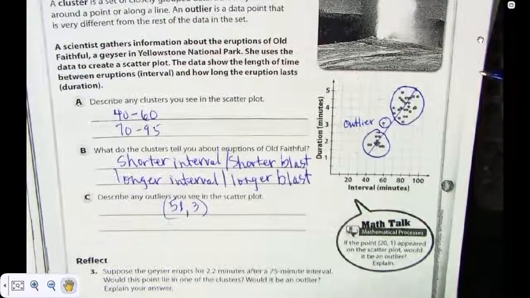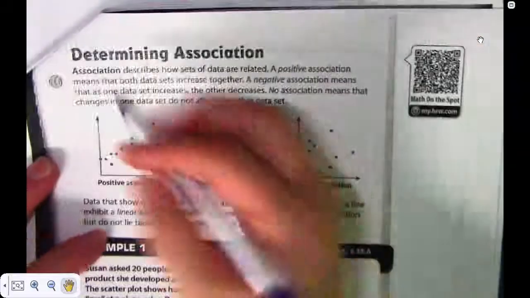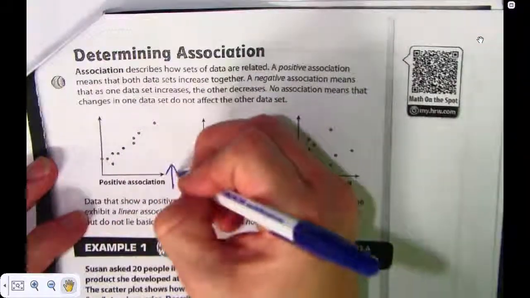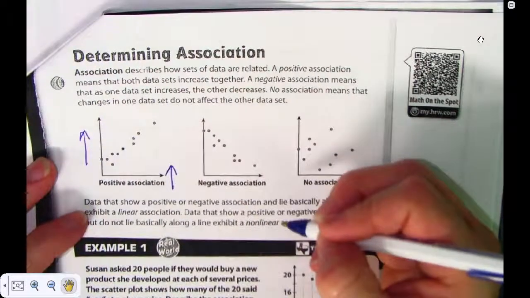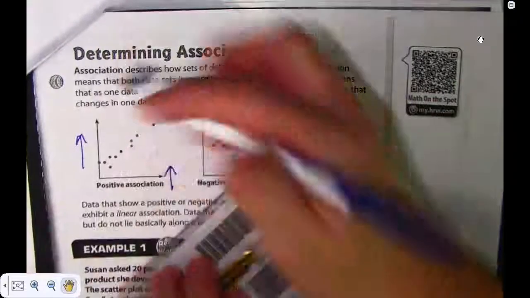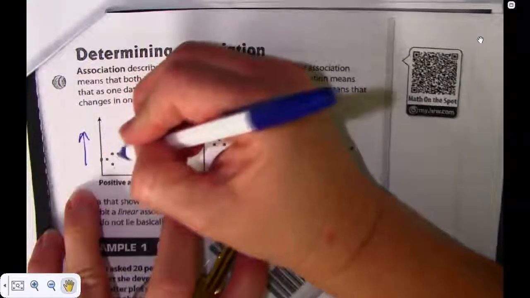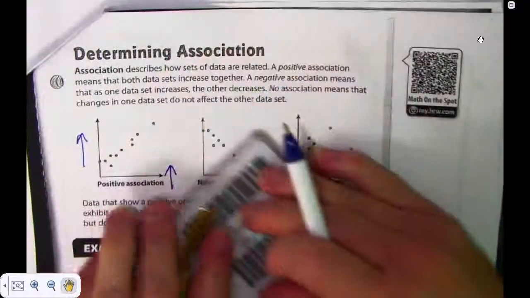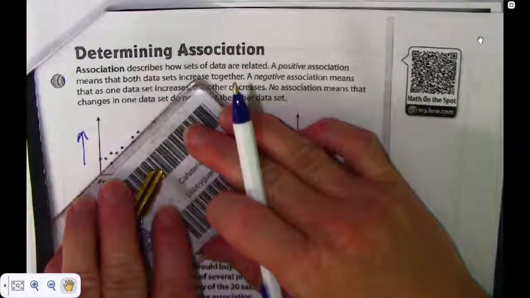Okay, turn the page, or look at 397. So look at the top. This is a positive. So as x goes up, y goes up. So when you draw your line, look, there's 1, 2, 3, 4, 5, 6, 7, 8, 9, there's 10. So what you're trying to do is get 5 on either side.